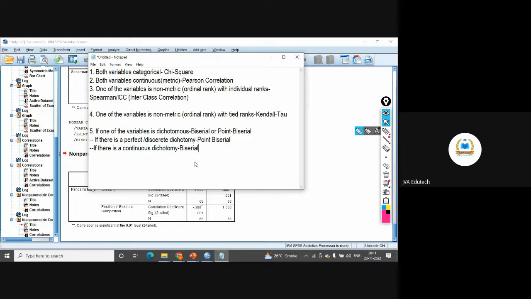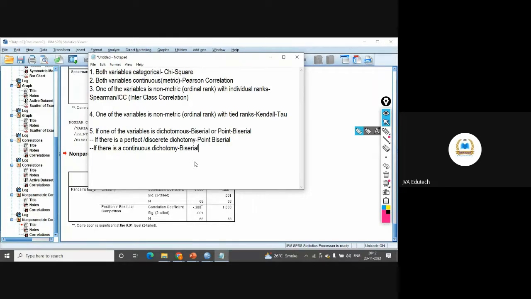Now here there is one confusion. I'm saying dichotomous, two categories, and then I'm saying there is a discrete dichotomy, which means both of the categories have no connecting point in between. When there is a dichotomy, of course they won't have a connecting point between them. But on the other hand, if there is a continuous dichotomy, it means there is some connecting point between the two categories. This case of continuous dichotomy is very rare.